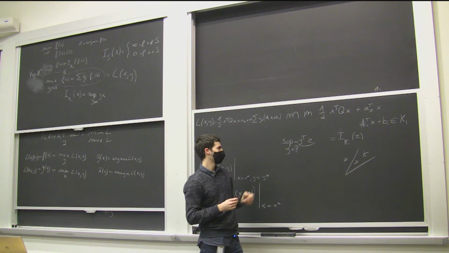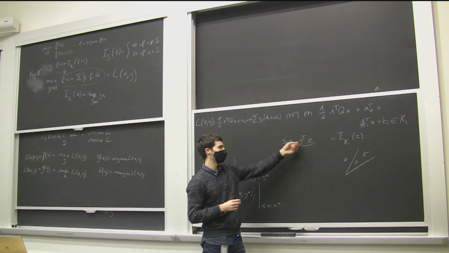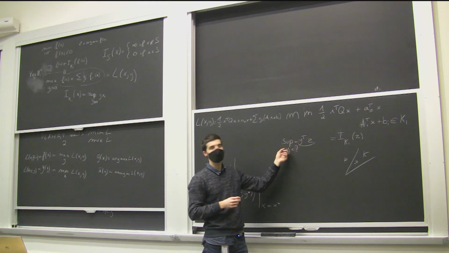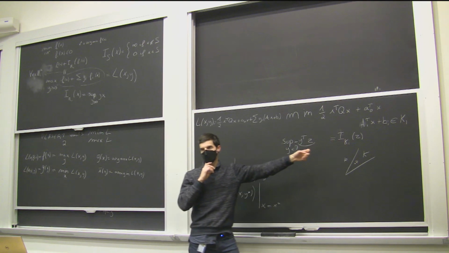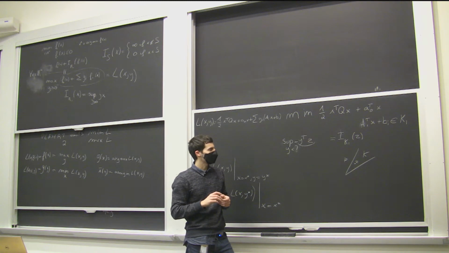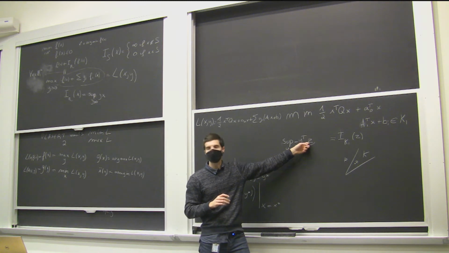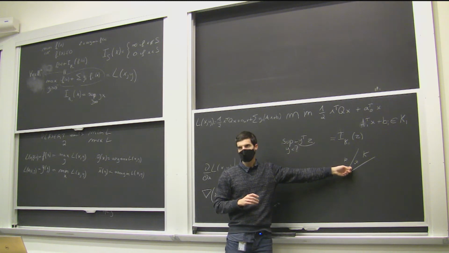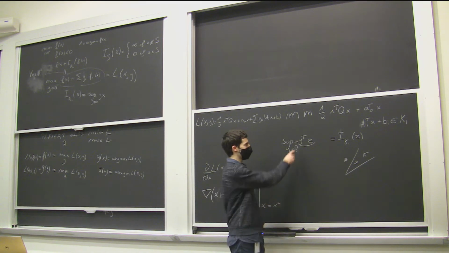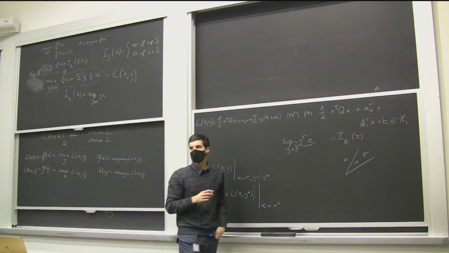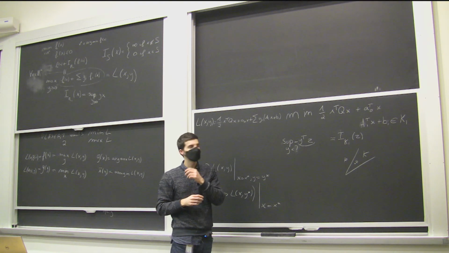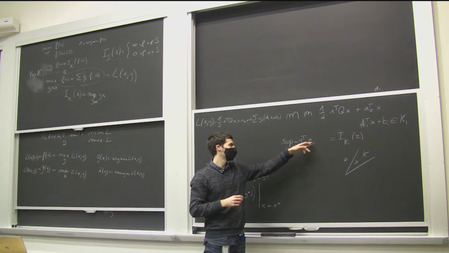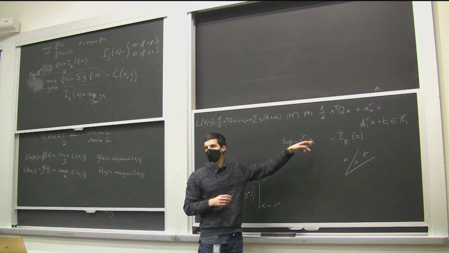Because you want the supremum of this, you will just choose y equals 0, so this will be 0, and it's like the indicator. And whenever z is not in that cone, there should exist some y such that this is not positive, and so you can have plus infinity here.